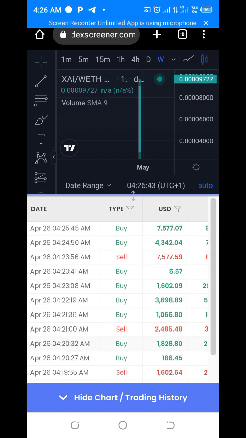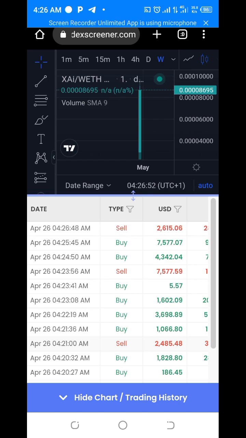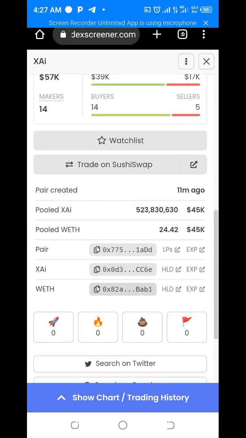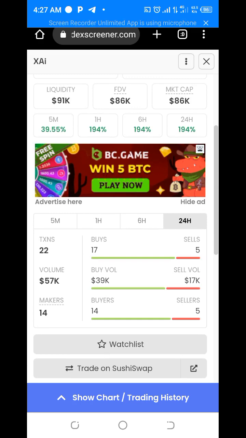Ask yourself the question: who can put 7,000 in a token that is newly created and doesn't even have a foundation or a background? The dev, together with his crew, are the ones pushing this token up just to make sure it gets to the trending tokens and gets other people to put their money.